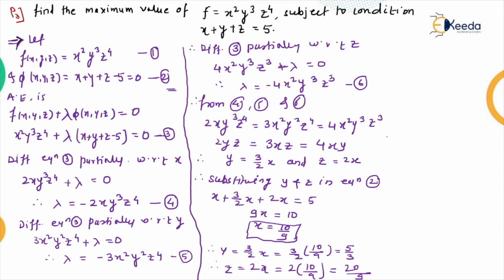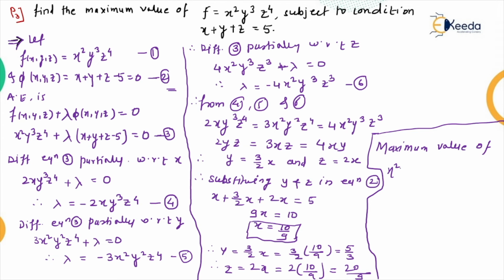Okay, and the remaining part, after finding the values of x, y and z, is the maximum value of the given function. What is the given function? It is x square y cube z power 4, that is equal to 10 by 9 squared, 5 divided by 3 cubed, and 20 upon 9 to the power 4.